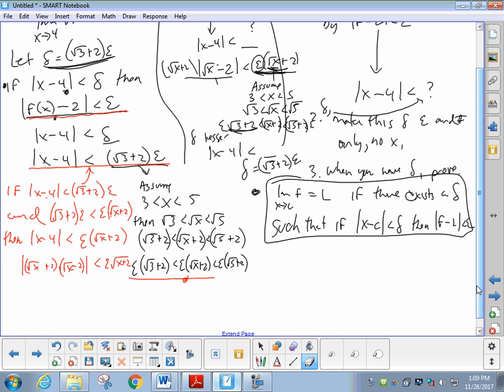So if I divide root x plus 2 over, then I get root x minus 2. And isn't that f of x in itself? No, this is where I was trying to put you.